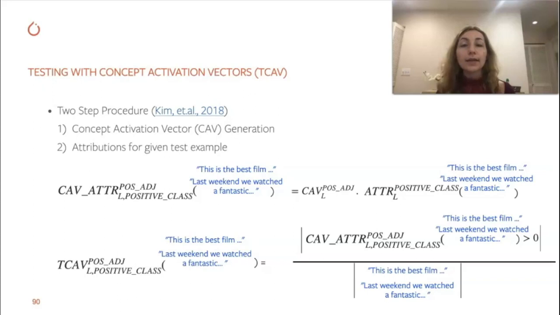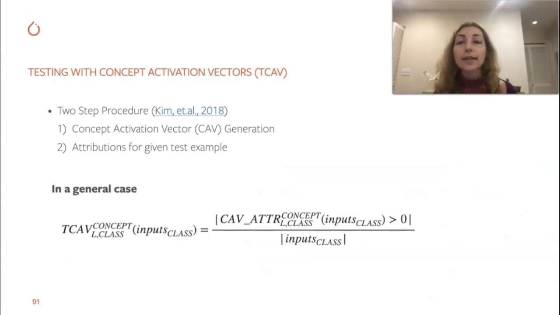In other words, TCAV represents the fraction of input examples for which the sensitivity direction or the attribution is aligned with the CAV direction. In a general case, a TCAV score for a given class, layer, concept, and inputs is equal to the fraction of examples that have CAV and directional sensitivity vectors aligned. Note that instead of using the number of examples with positive CAV_ATTR score, we can also use the magnitudes of the CAV_ATTR scalar.